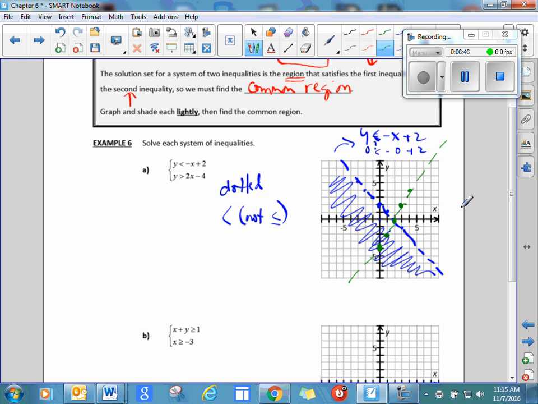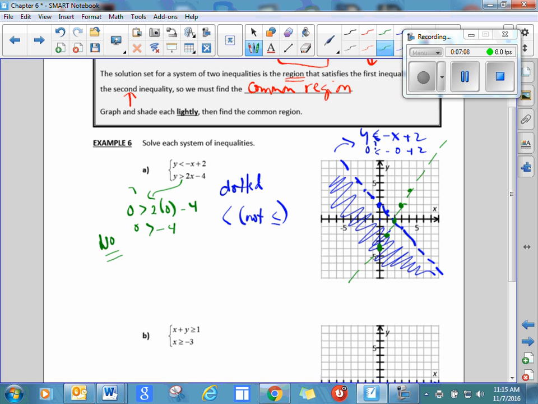And we have to ask ourselves, which part of the graph do we need to shade for our green line here? So again, I'm going to pick 0, 0. Is 0 really greater than 2 times 0 minus 4? 0 greater than -4?